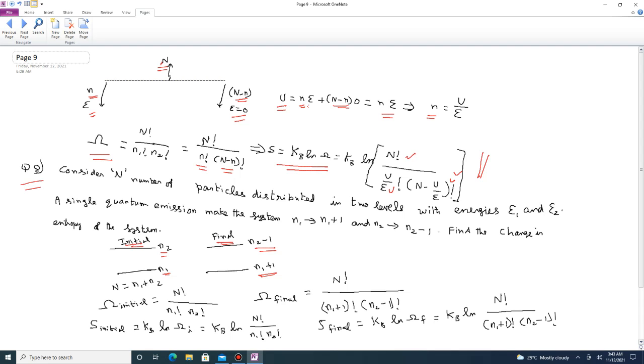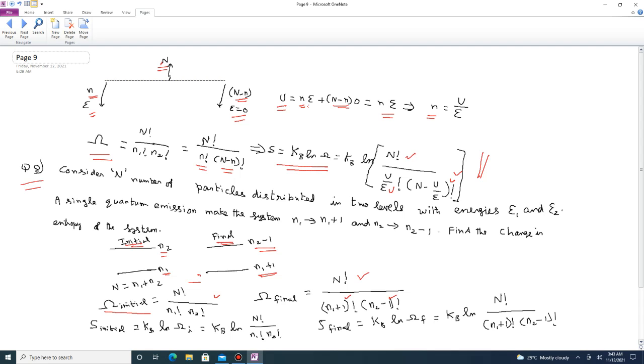So what is omega initial, the initial value of the microstates? The initial value is equal to N factorial by n1 factorial into n2 factorial. Similarly we can find omega final: capital N factorial divided by n1 plus 1 factorial, n2 minus 1 factorial.